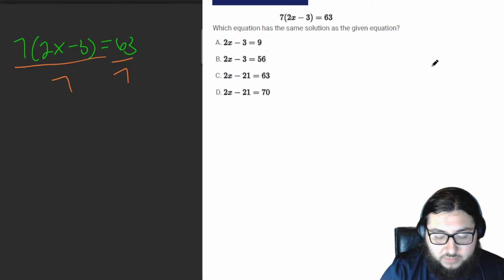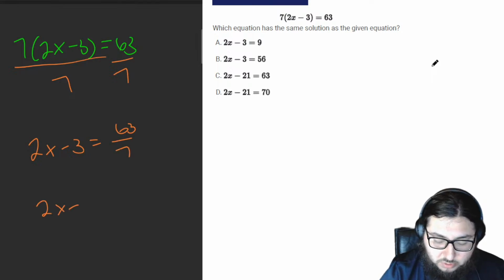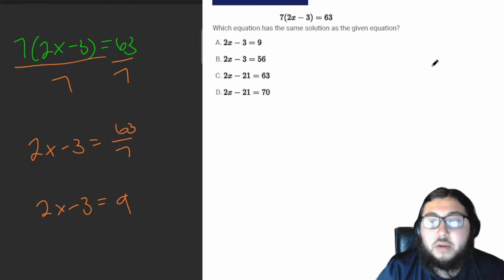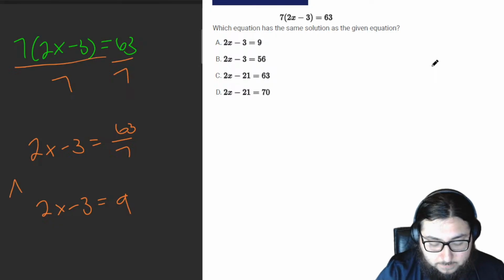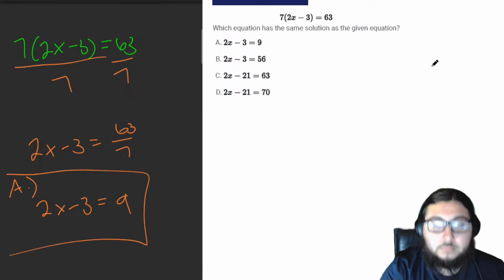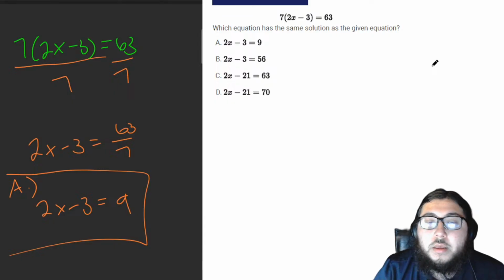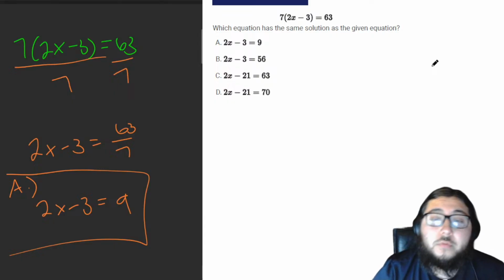So we have that 2x minus 3 is equal to 63 divided by 7. So 2x minus 3 is just equal to 9, and we see that that is answer choice A. If there are no questions on this one, we'll move on to the next question.